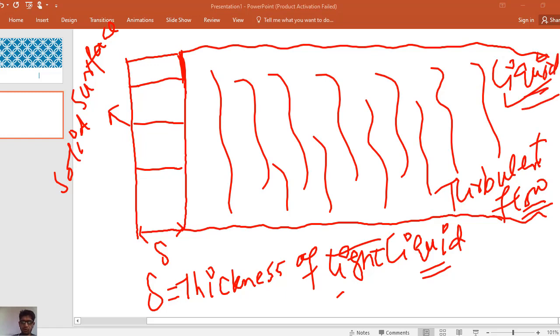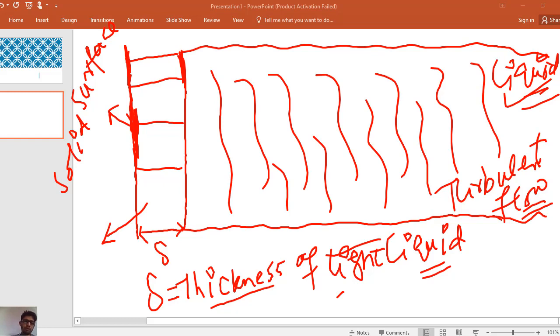Suppose it is liquid. Now the solid is slowly and gradually dissolved in the liquid. The solid molecules transfer in the stationary liquid.